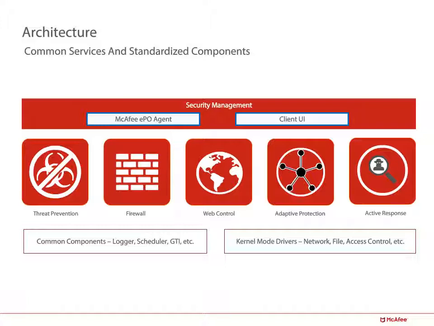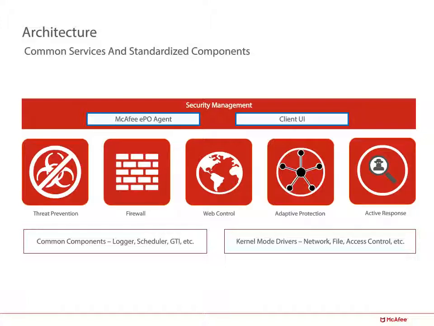But then what we have is you have your modular features. So you have the threat prevention feature, you have the firewall, you have the web control, we have the adaptive protection and the active response. And everything that works along with this is all the different common components, like GTI, the scheduler, like when are you going to run an on-demand scan, when do you do your data updates.